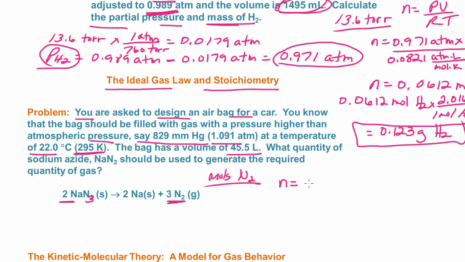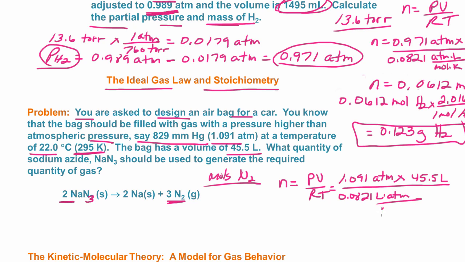So n is equal to PV over RT, and our pressure here is 1.091 atmospheres, and the volume is 45.5 liters, and that's divided by 0.0821 liters atmospheres over moles Kelvin, and that's multiplied by the temperature, 295 Kelvin.